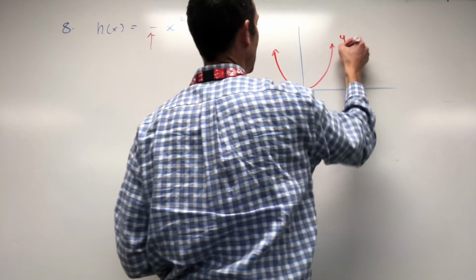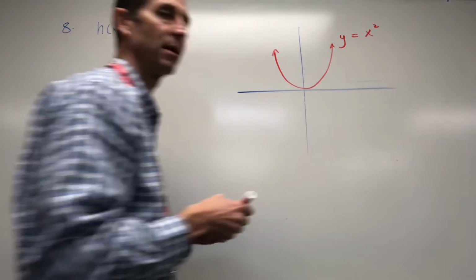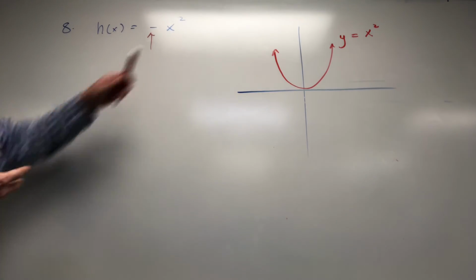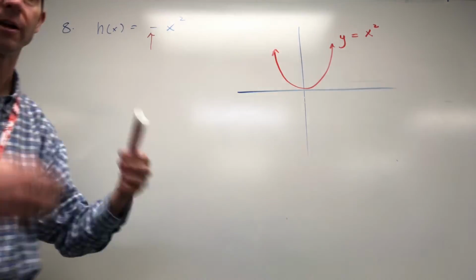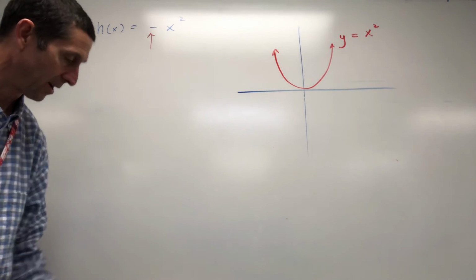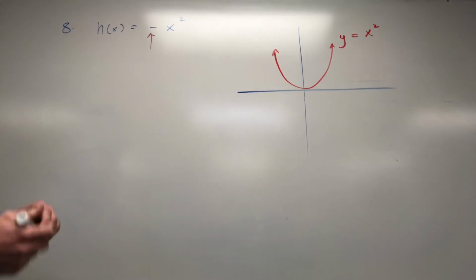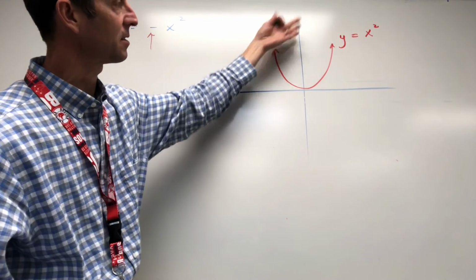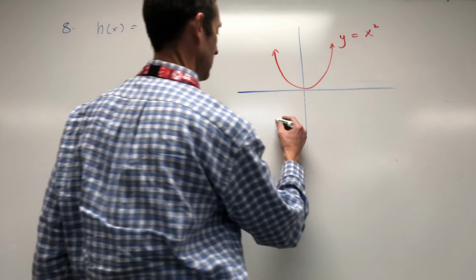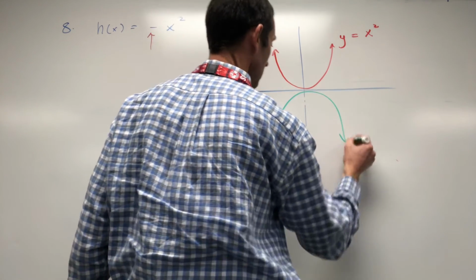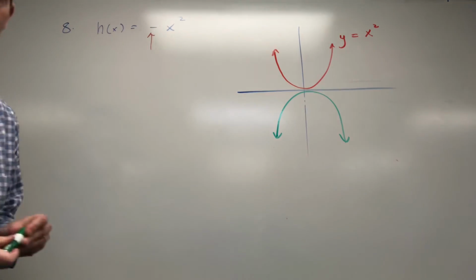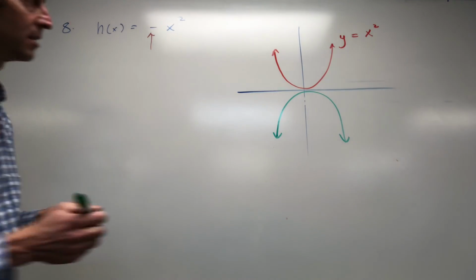This is your y equals x squared. There's my parent function. So you see the squared, quadratic. Now we've got to draw the reflection across the x-axis. So let's mirror image this down. And so you have one parabola running up, one parabola running down.